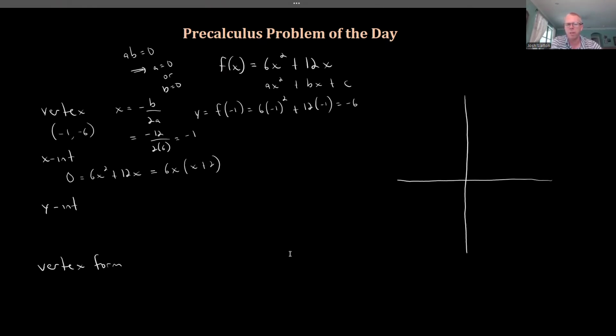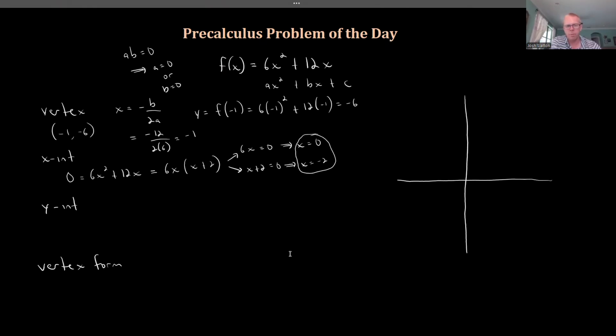We actually have three things if you count the 6. Well, let's just say we have 6x equals 0 and we have x plus 2 equals 0. So either 6x equals 0 or x plus 2 equals 0, in which case we have x equals 0 and we have x equals negative 2. All right, so those are our x-intercepts.